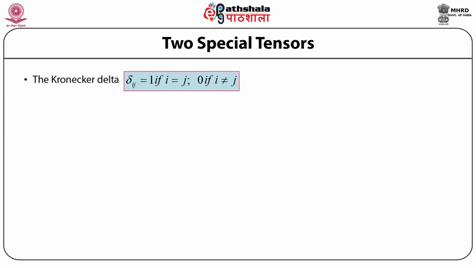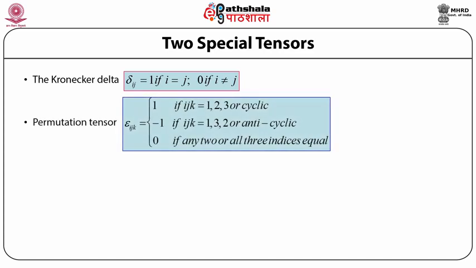So the Kronecker delta is defined as delta_ij, and this is equal to 1 if i is equal to j, and this is equal to 0 if i is not equal to j. Another important tensor that we need to define over here is the permutation tensor, which is denoted by epsilon_ijk.